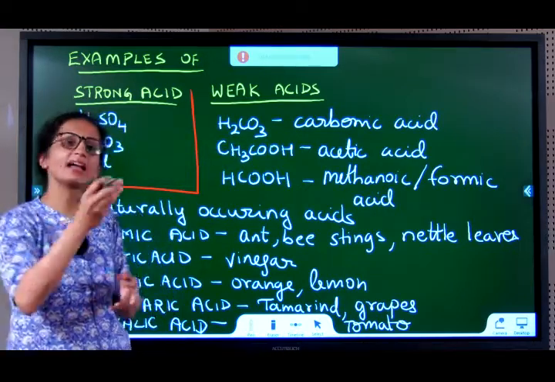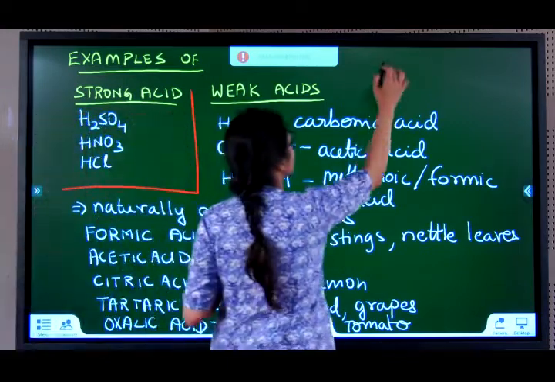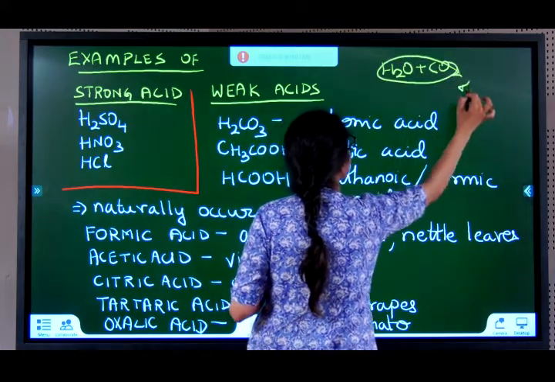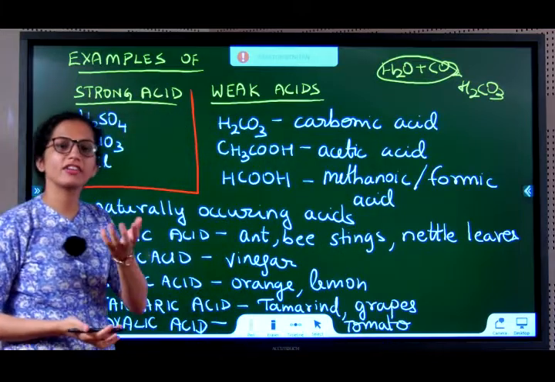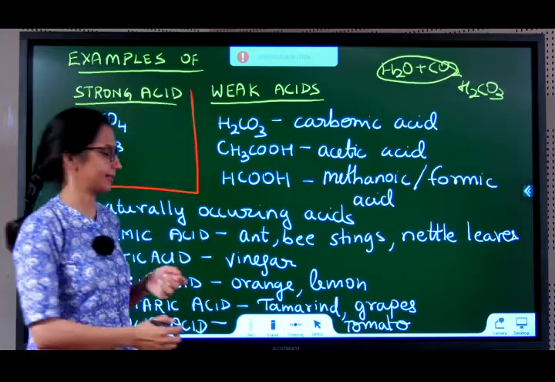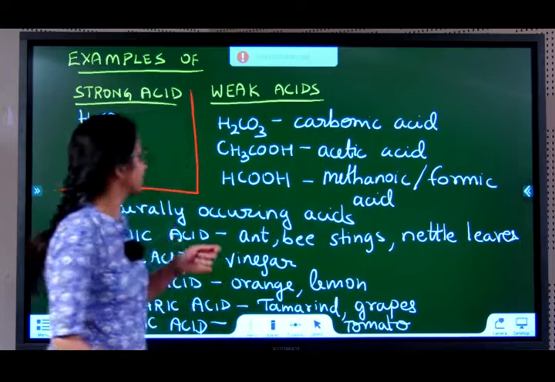This is nothing but your soft drinks. How do you get this H2CO3? Water and carbon dioxide give you H2CO3, which is why it's bad for health. When you're drinking a bottle of Coke, you're drinking carbonic acid. Okay, so carbonic acid, weak acid.